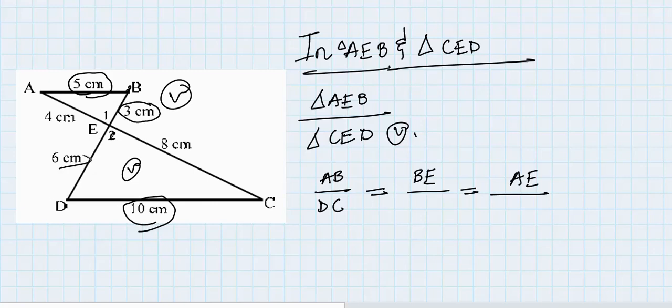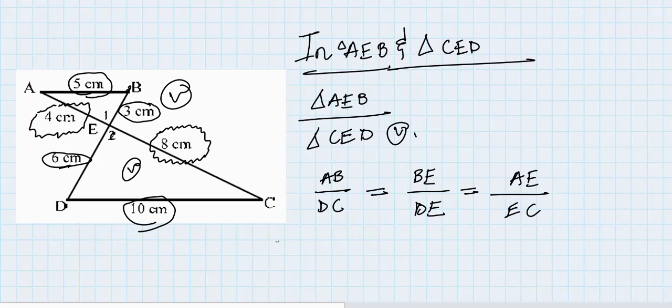It's this one that is next to DE, so I'm going to say this is DE. And then which side is going to match AE? The side that's going to match AE is this one. What is the side? EC.